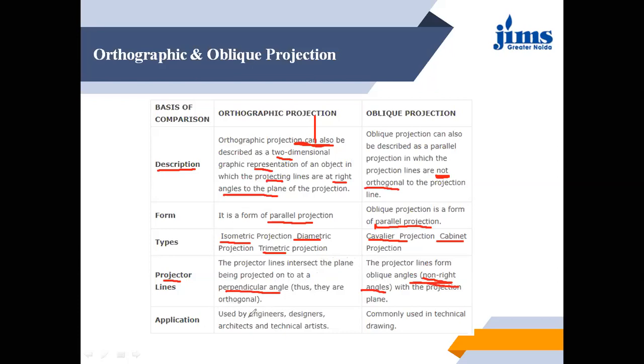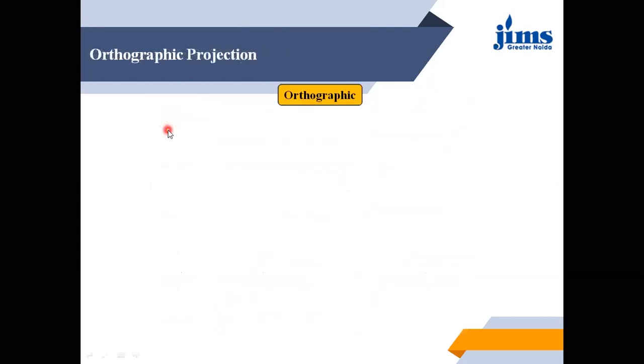Orthographic projections are used by engineers, designers, architects, and technical artists, and oblique projections are generally used in technical drawings. So these are the basic applications of orthographic projection and oblique projection. So this was the basic difference between these two.